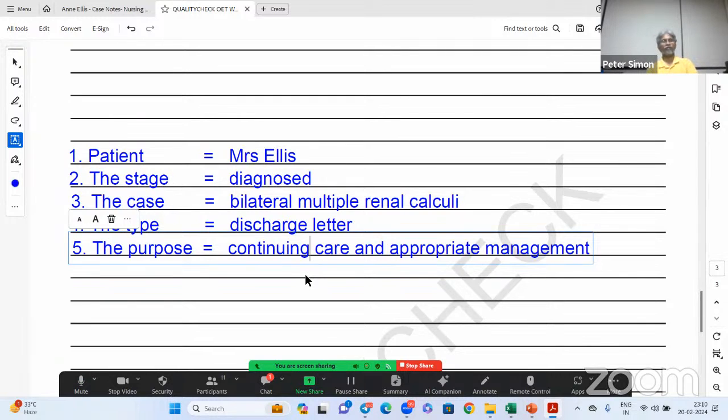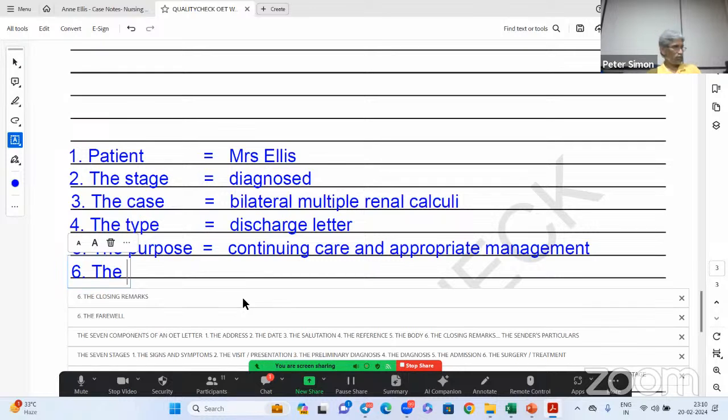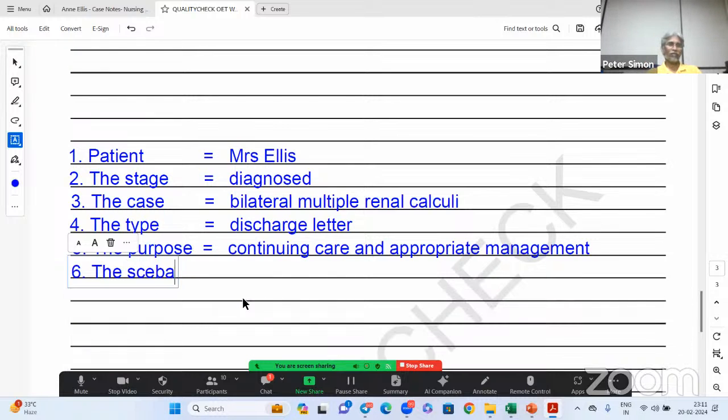Okay. Then, what is the present situation? Number 6, the scenario.